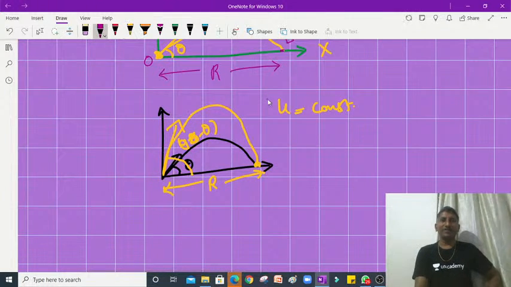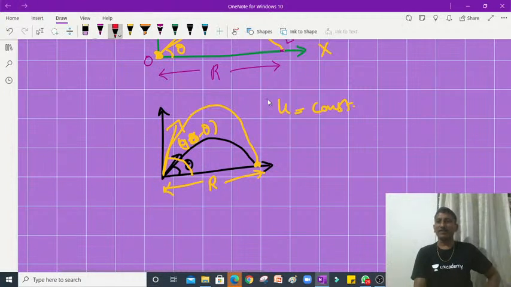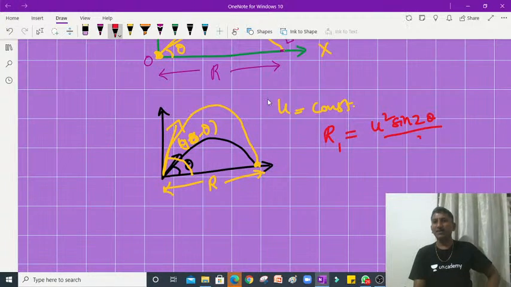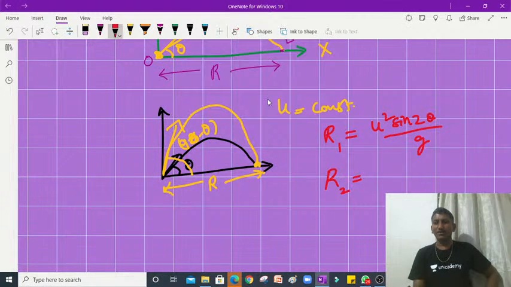Now let us discuss that condition. The range for the first projectile, I am calling it R1, is given as u square sine 2 theta by g. Whereas for the second projectile, I am calling the range R2.